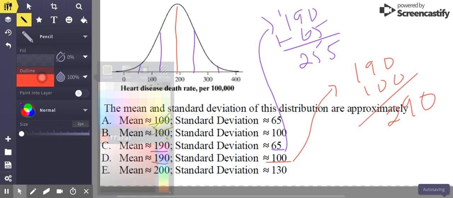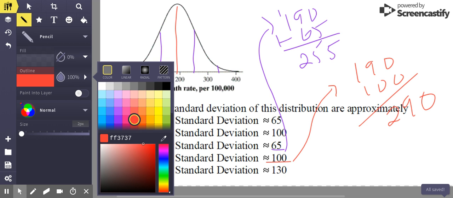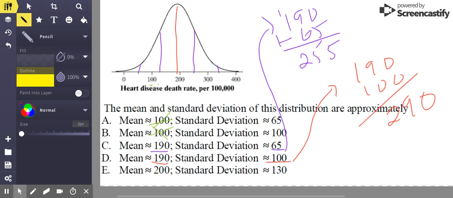290. And then my last option, the one that we were not sure about, takes 200 and adds 130 for the standard deviation. So that's going to give me 330. Okay, so right away I can get rid of this last answer, E, because there's just no way that it would be past that 300 mark based on the picture that we drew.